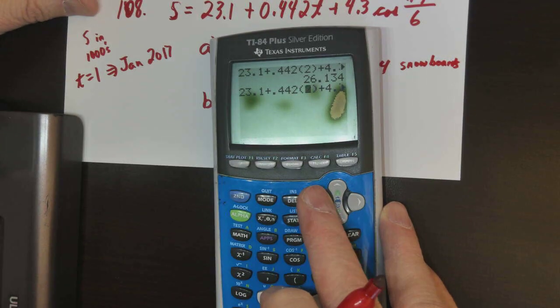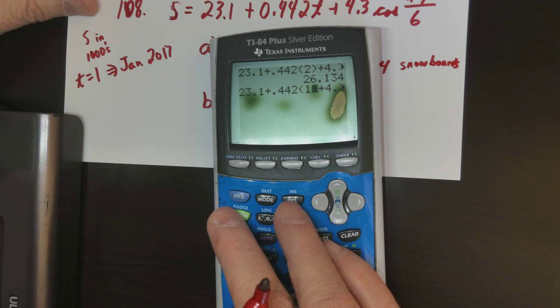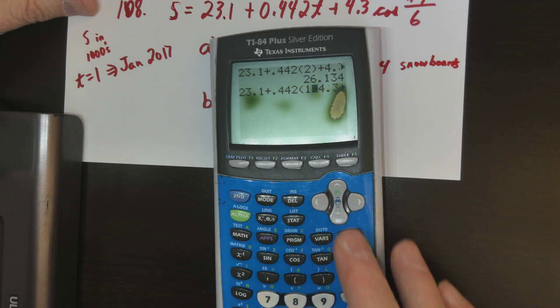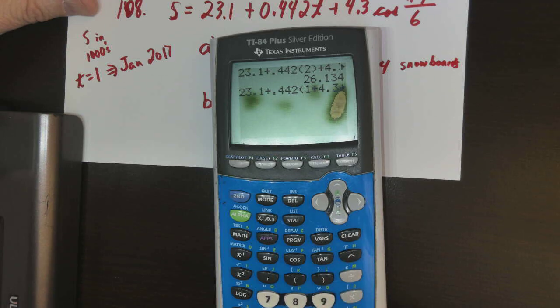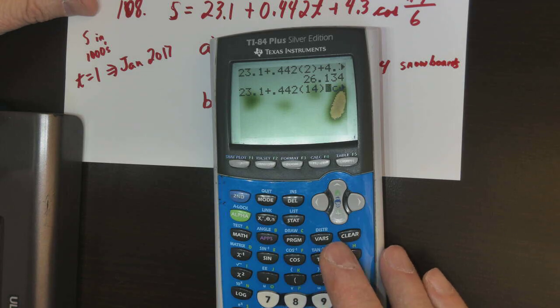So I'm going to replace the 2's with 14. Now I have to actually insert that, and otherwise I have to type the whole thing over. I messed up.